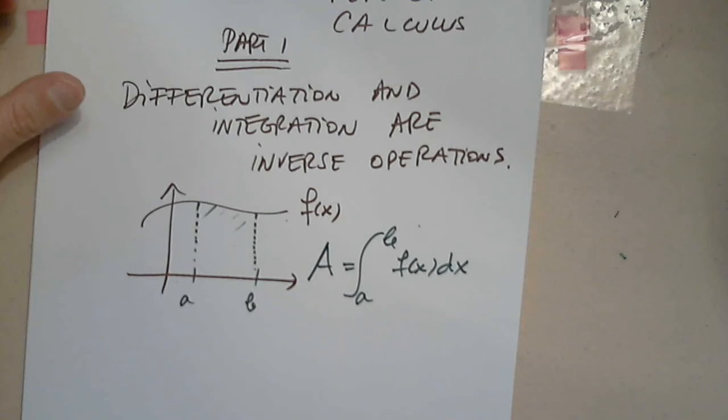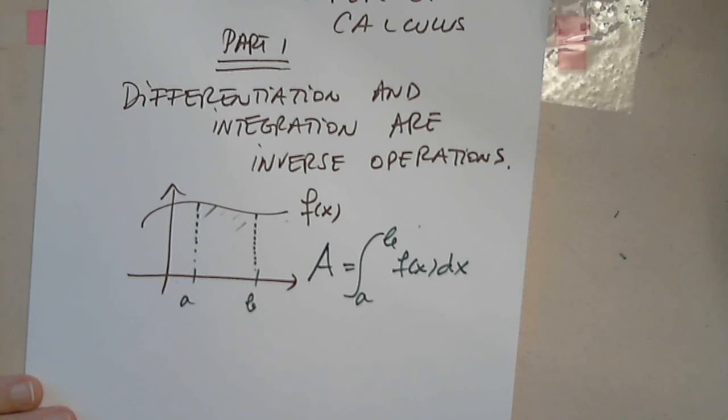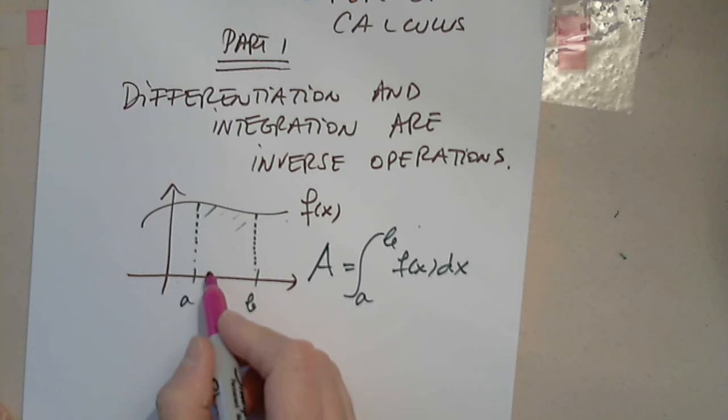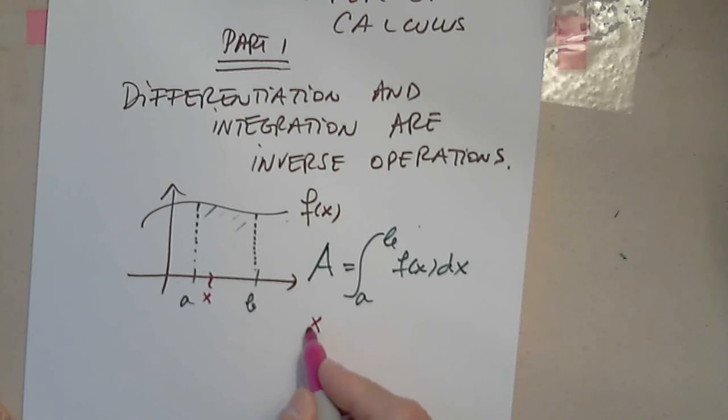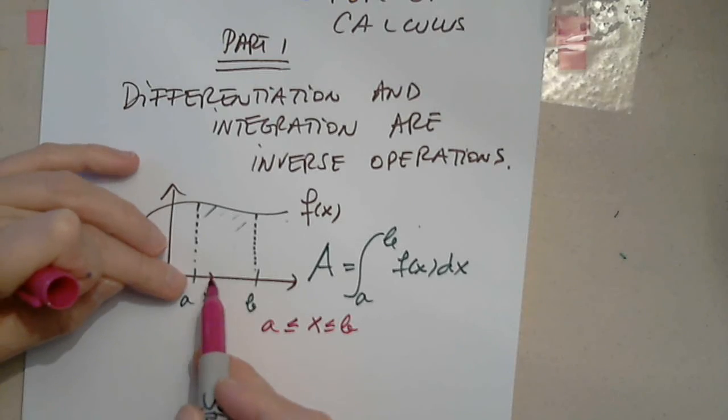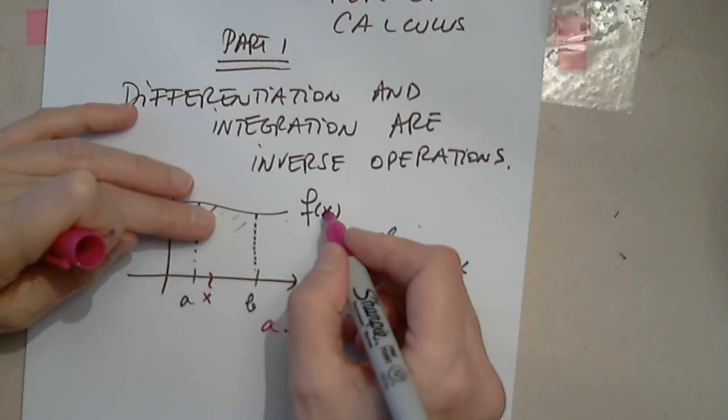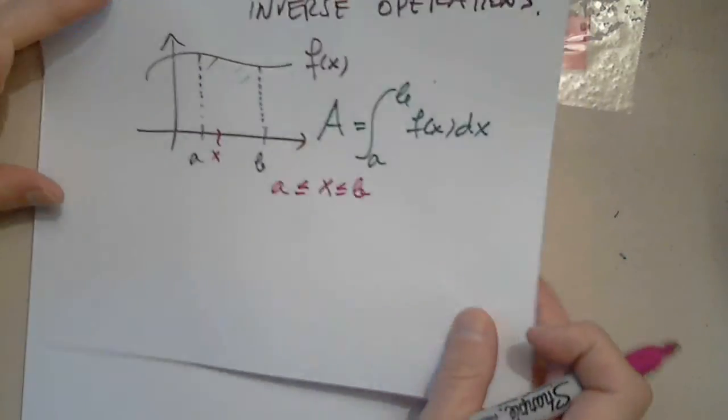Excellent. Now imagine x. X is a number between a and b. Because I put x here between a and b, I will change this, but I don't want to change it on that graph.